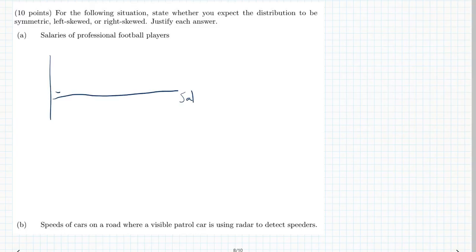But what I would claim, if we had salaries, is a lump of these. I have no idea what the minimum salary in the NFL is, but say 500,000, then 1 million, then 2 times 10 to the 6, so 2 million, then 3 million.